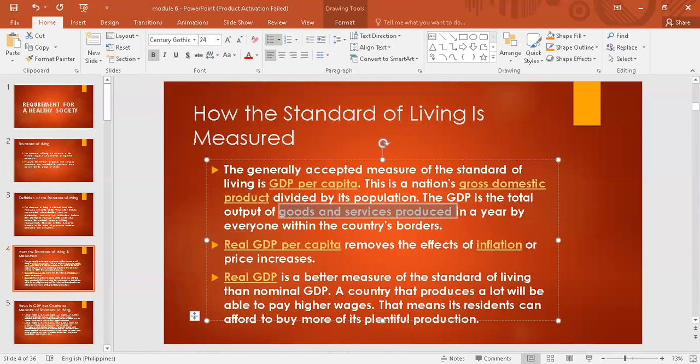Now, if we're going to check sa internet ang GDP ng Philippines, no? Para magbigay lang tayo ng konting idea.